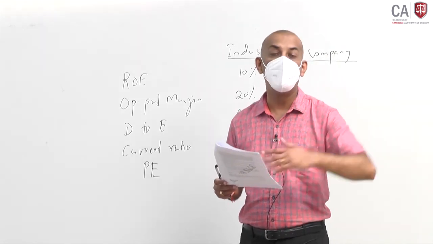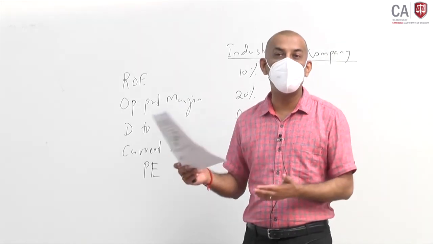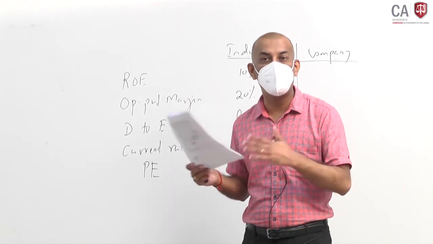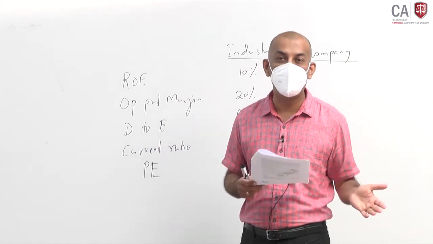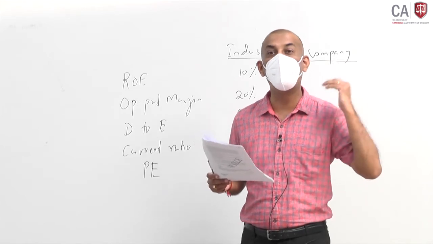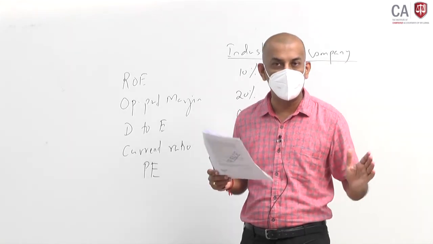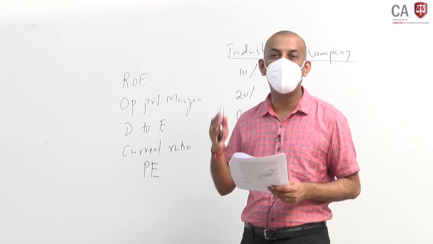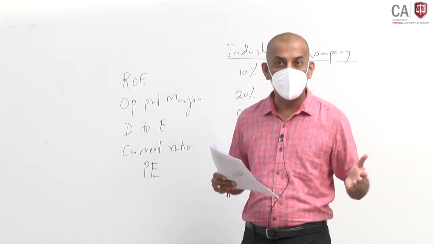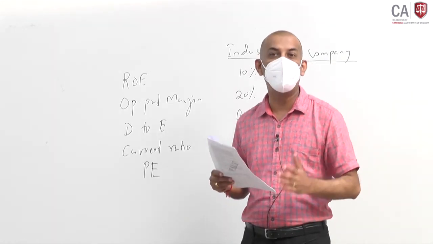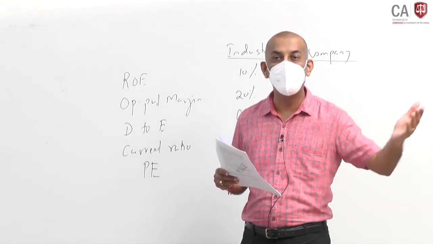Either you should be given the previous year. Then I can say GP margin last year 30%, this time 36%, so the company has performed better than last year. That's all I can tell. But if the GP margin of the industry is 40% and this company's is 36%, then I can say the company has not performed up to the industry level.